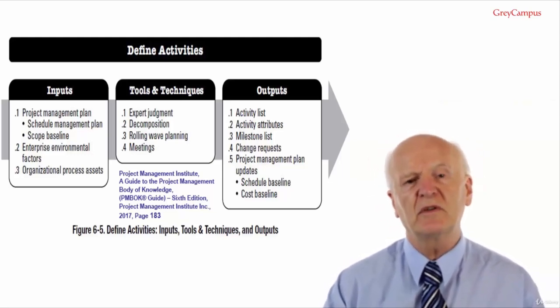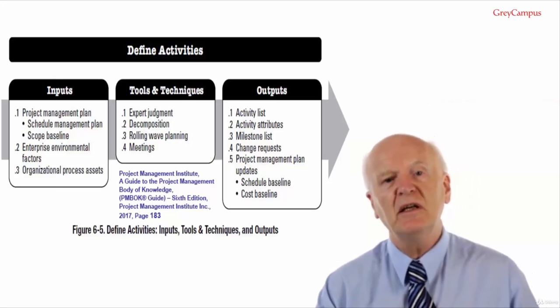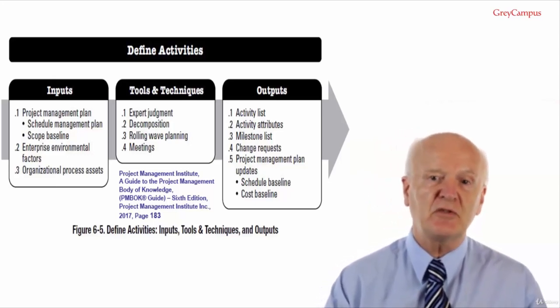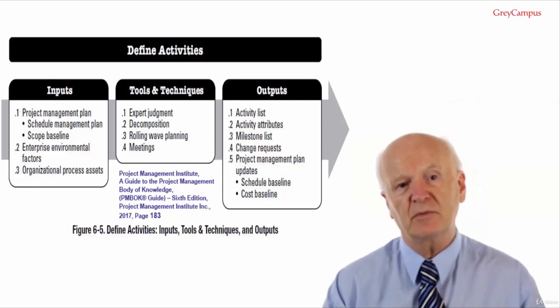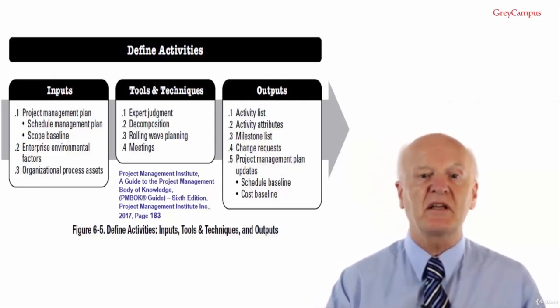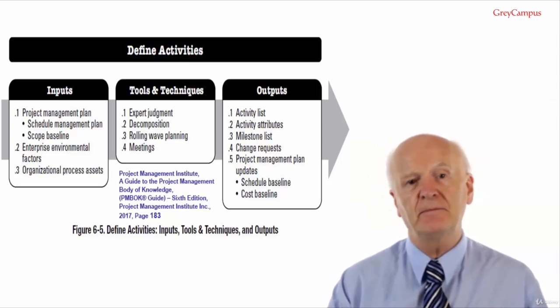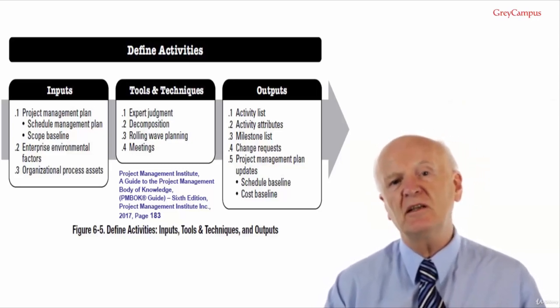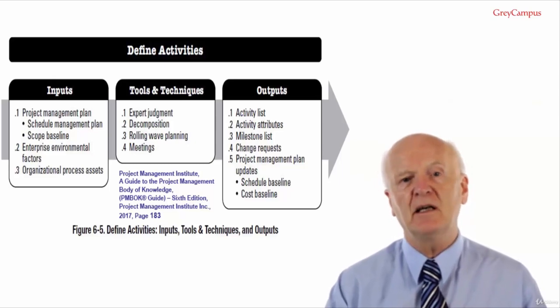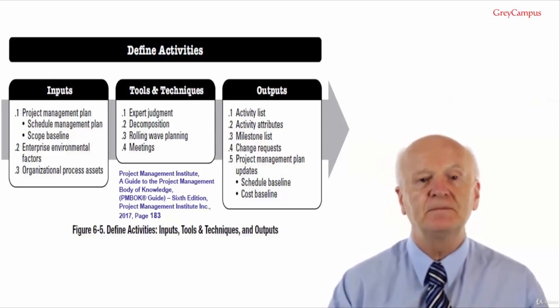I mentioned this before at the start of a lesson. Each work package within the work breakdown structure is decomposed into the activities required to produce the work package deliverables. In case you haven't noticed yet, the PMBOK guide always says activities, never tasks, and you will find it's the same on the exam. Involving team members in the decomposition can lead to better and more accurate results, rather than just depending on the project manager.